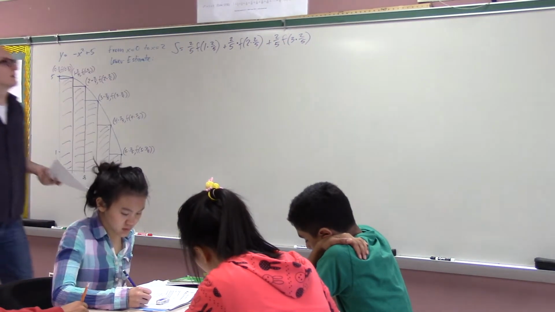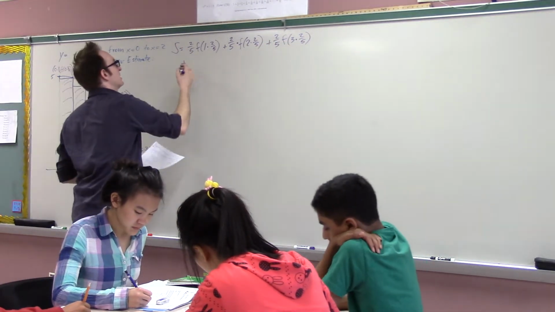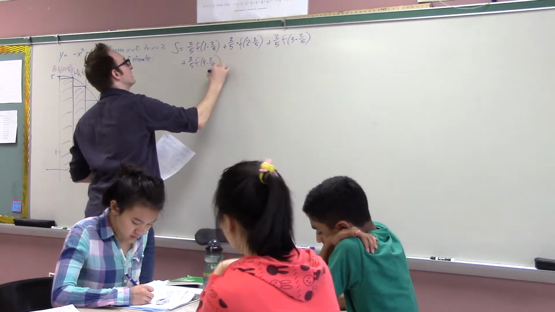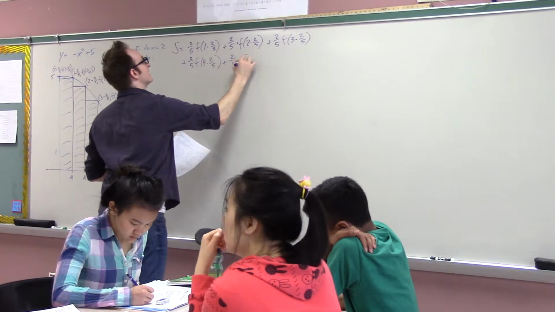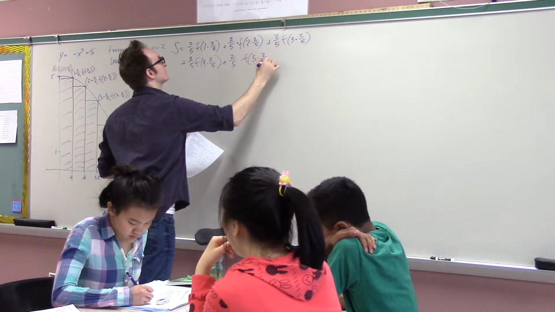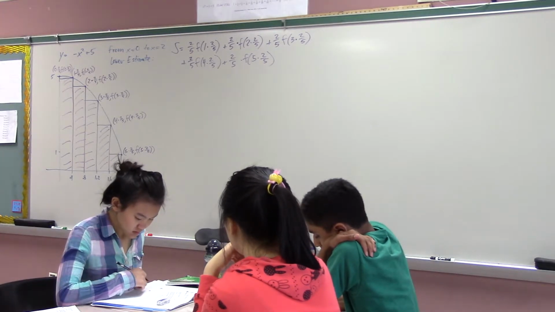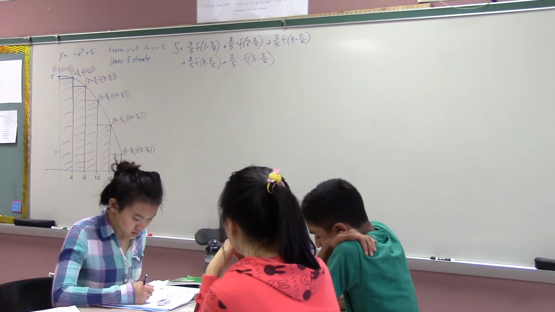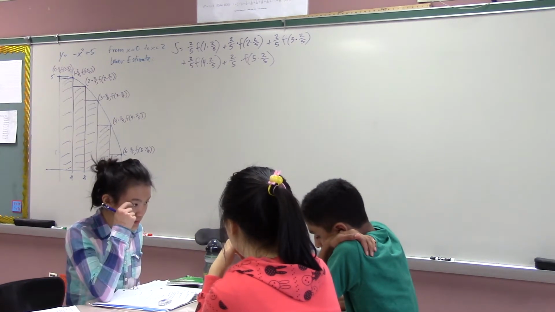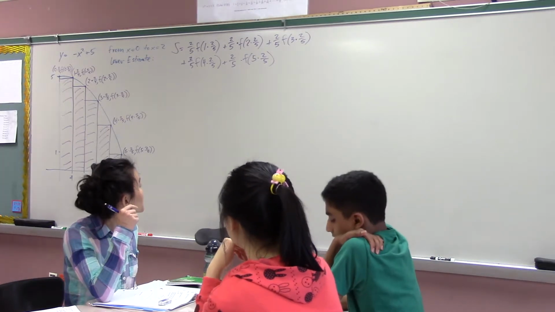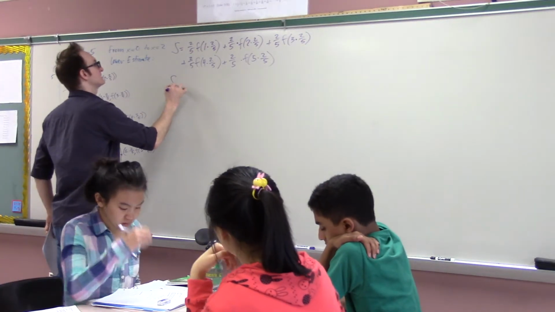And we can just keep doing it. Let's just finish it off: 2/5 times f of 4 times 2/5 plus 2/5 times f of 5 times 2/5. So here I am, just tediously writing out the areas of these 5 rectangles. Do you see a pattern here? Yeah, they're 2/5 for all. Can you write this for me now in sigma notation?